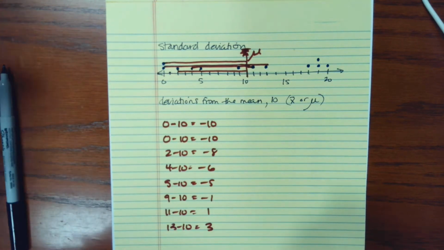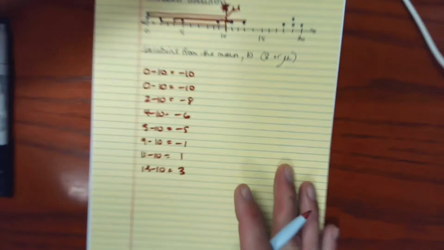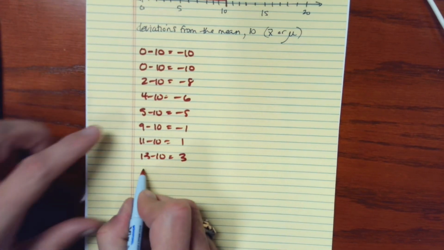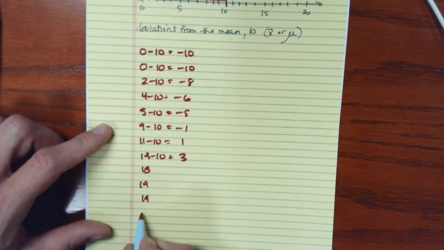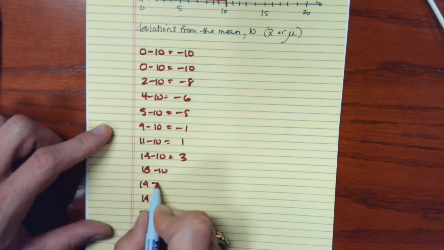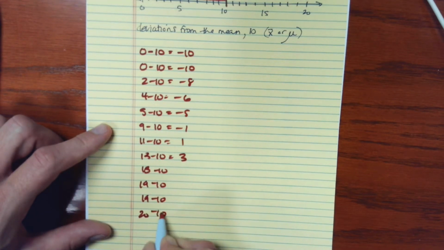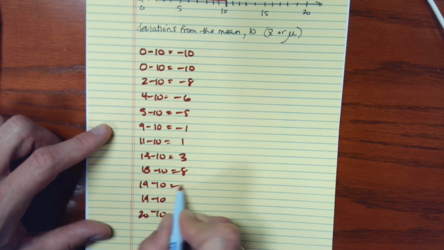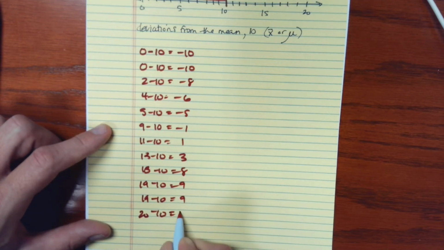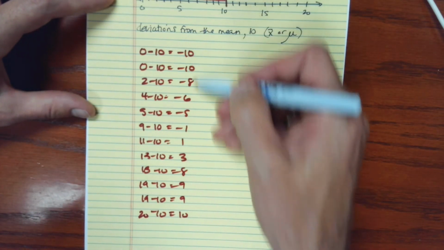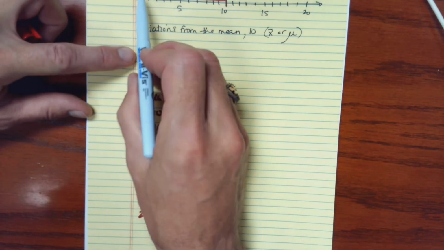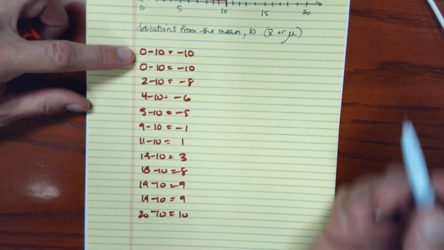And I can keep doing this for each of those values: 18, 19, 19, and 20. Each time I'm just subtracting the mean. So here is the list of all my deviations, one for each of the values in my original data set.